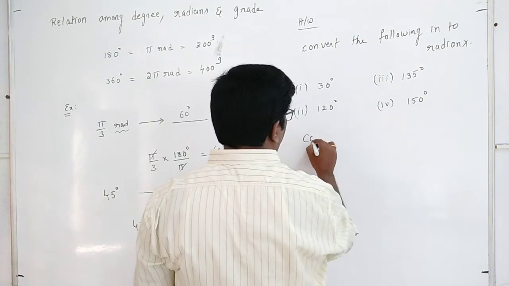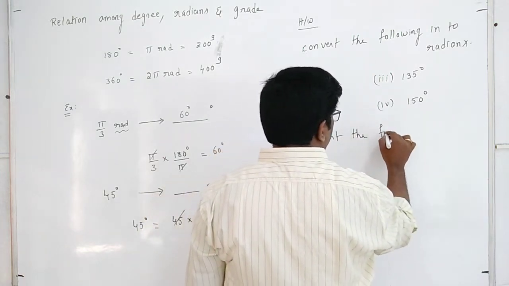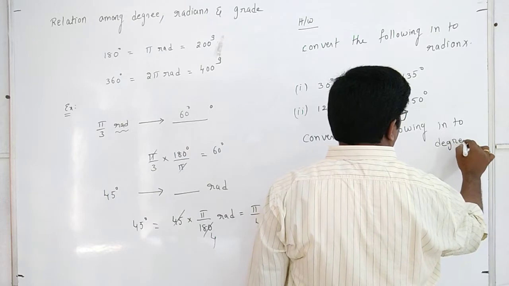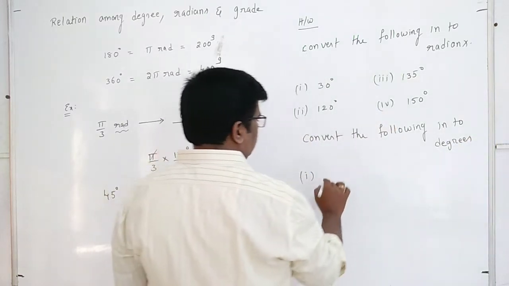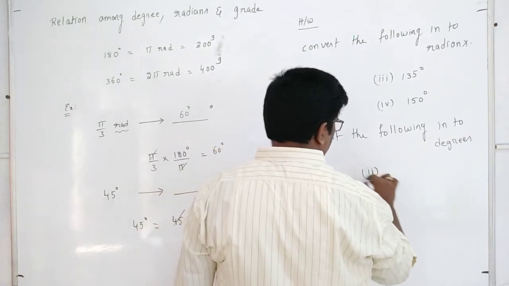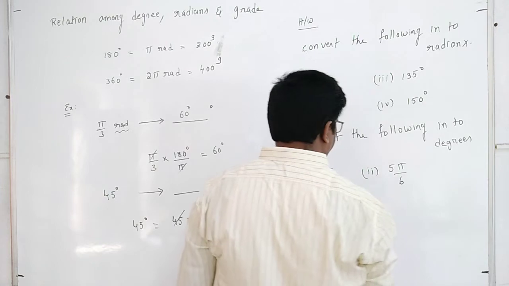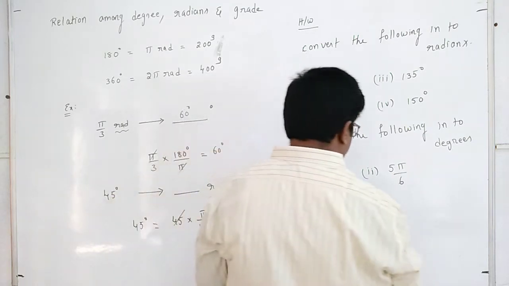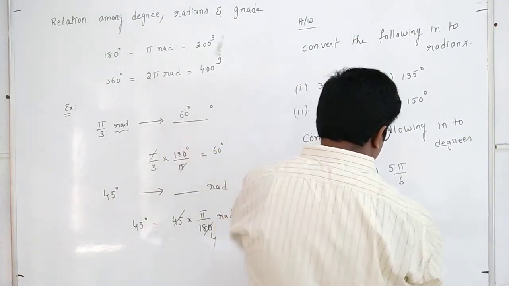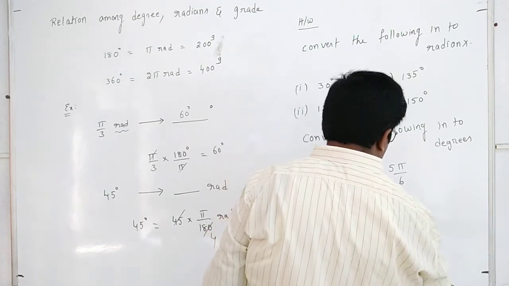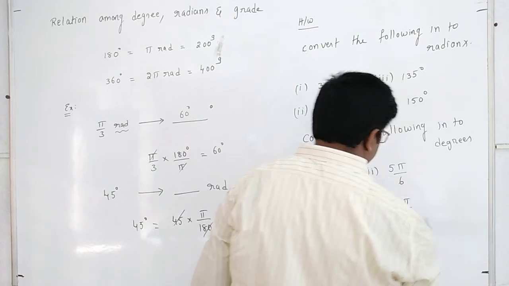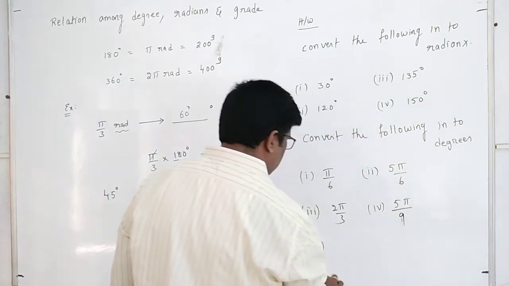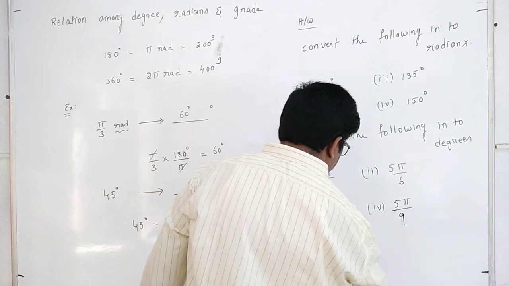Similarly, convert the following into degrees. 1, pi by 6; 2, pi by 6; 3, 2 pi by 3; 4, 5 pi by 8; 5, 5 pi by 9; 6, 3 pi by 4.